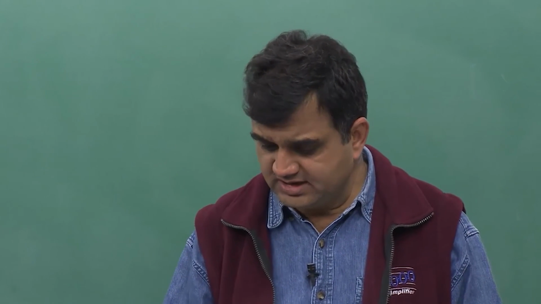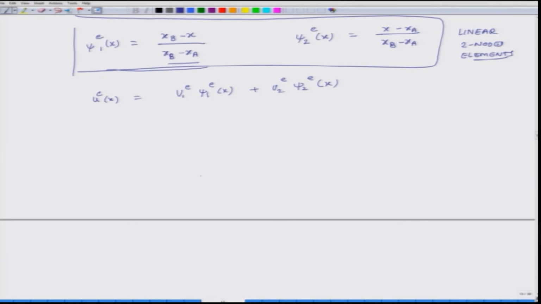The second thing is, let us consider this as my eth element. This is node 1, this is node 2. The first node, its coordinate is x a, the second node, its coordinate is x b.